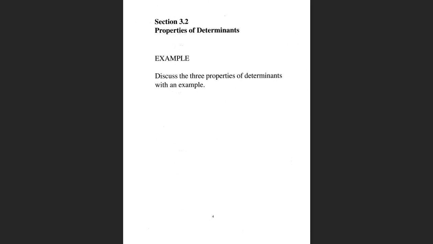Okay, so what we want to do is look at these three properties of the determinants from that theorem in section 3.2, theorem 3. It's nice if we can have just a little example to help see the properties rather than just these statements about the properties, so let's back it up with an example.